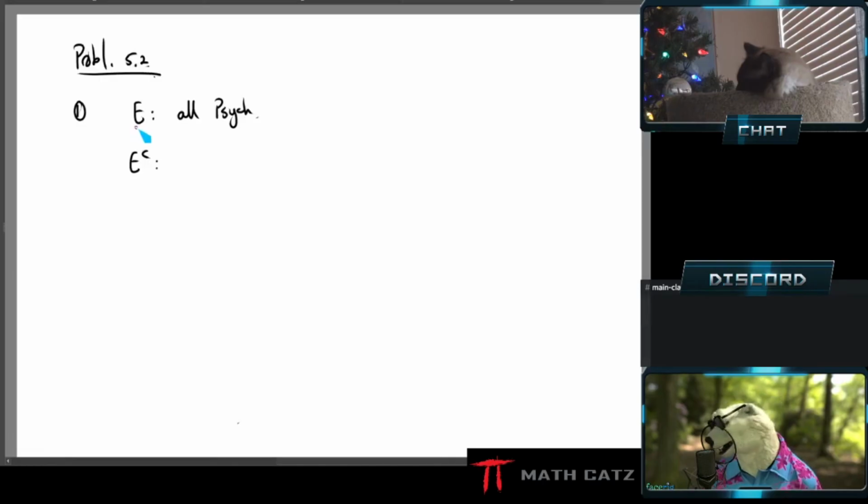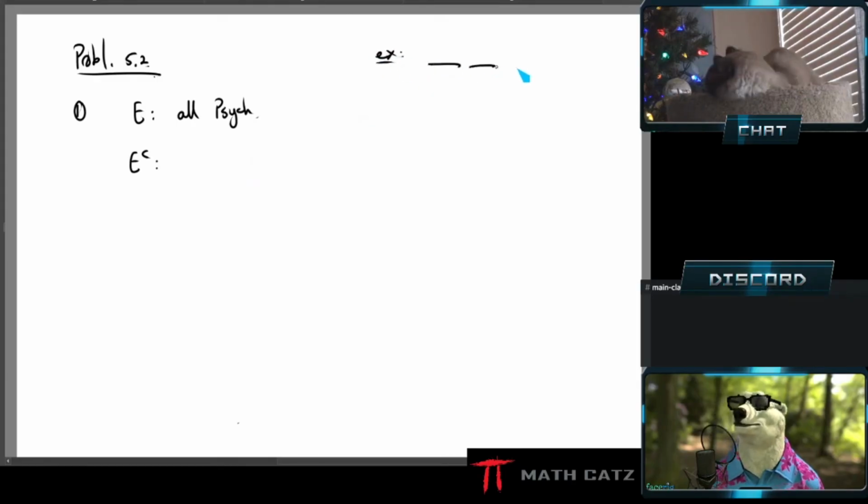So if I say E complement is the requirement that there are no psychology books, then what about the arrangement? Maybe psychology book 1, maybe engineering book 1, maybe economics 3, and maybe psychology 4. This is a possible result that I could get.